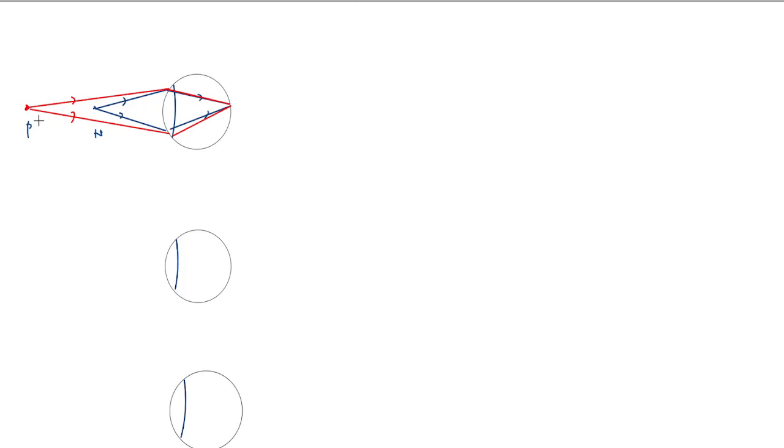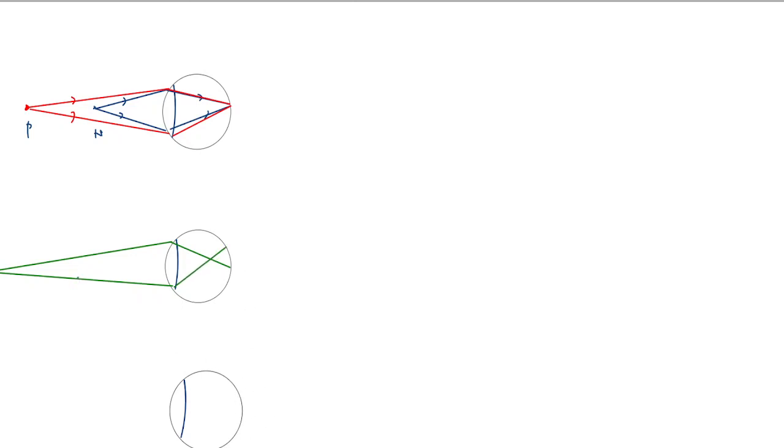Suppose imagine that there's a point somewhere beyond P, say point R. Since this point R is beyond point P, keep in mind that the person cannot see beyond point P. So light rays from this object would fall on the lens, but these light rays would fall in front of the retina like this.